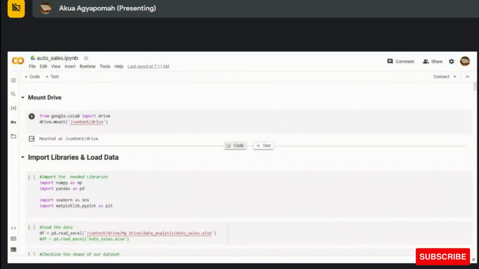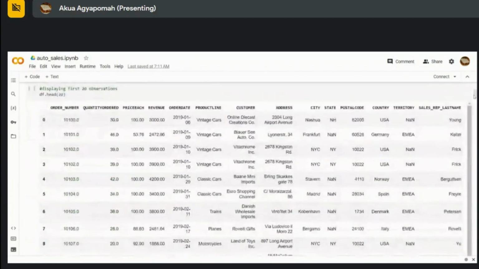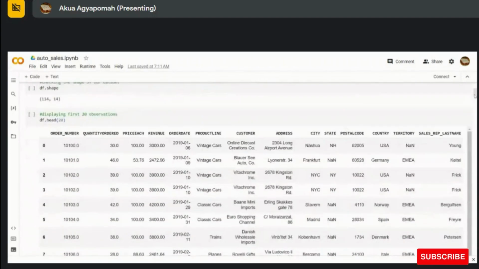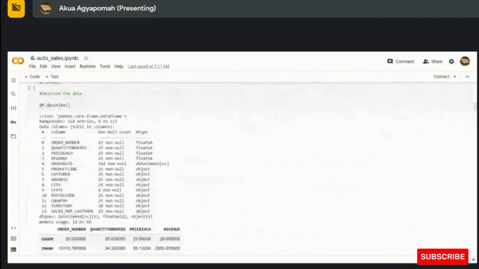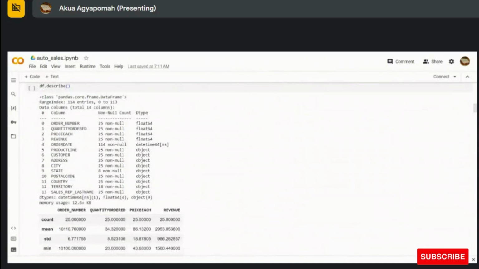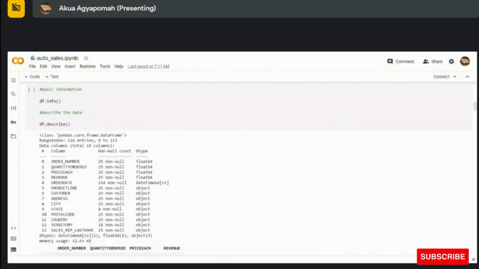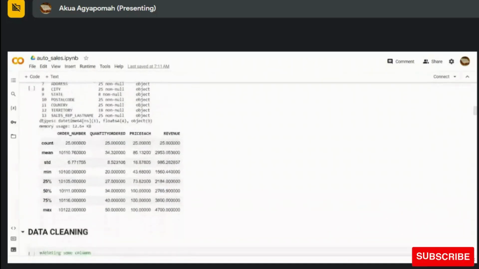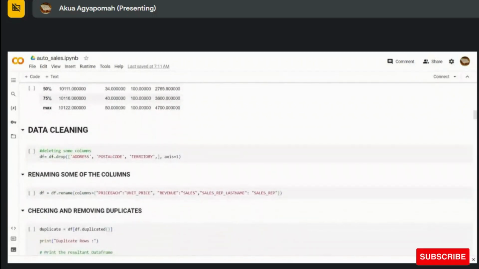First you load your libraries and all sorts of things. I'll not bore you with this one. Then you load your data, and this is the data. After loading your data, you do some descriptive analysis, and then you clean your data.